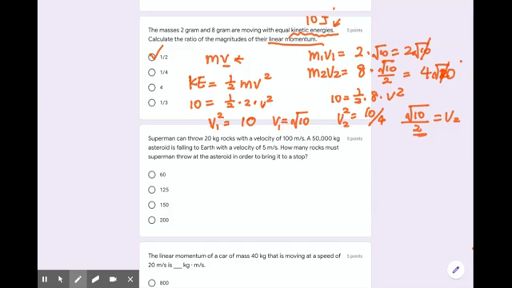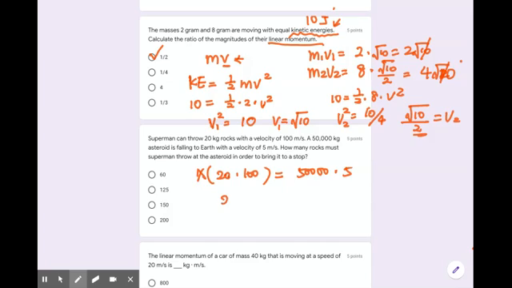So, the momentum of each rock is 20 kilogram times 100 meters per second. Let's assume we don't know how many rocks. We say x rocks should be equivalent to the momentum of the asteroid, so 50,000 times 5.